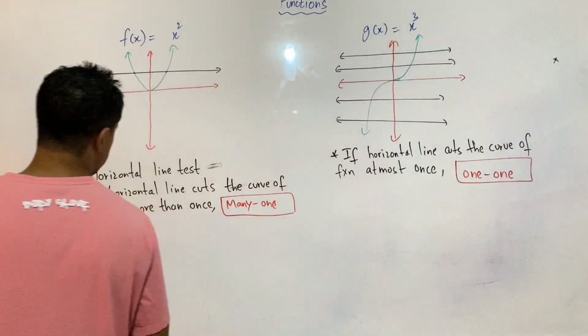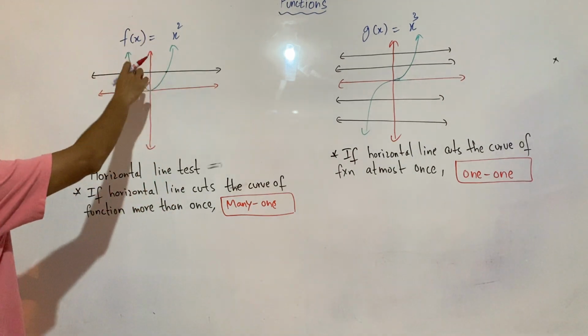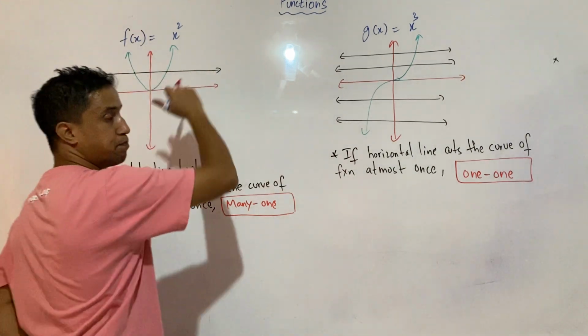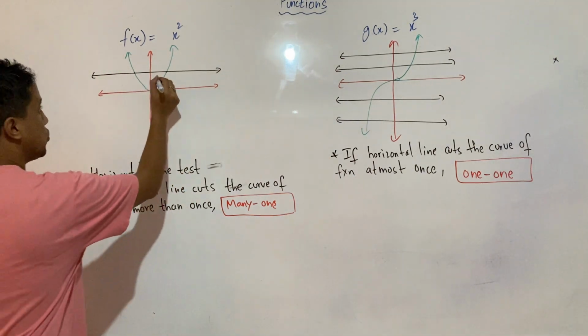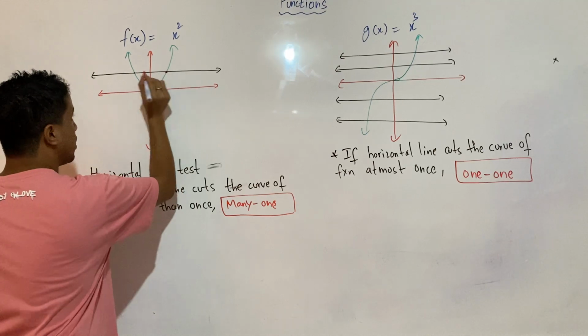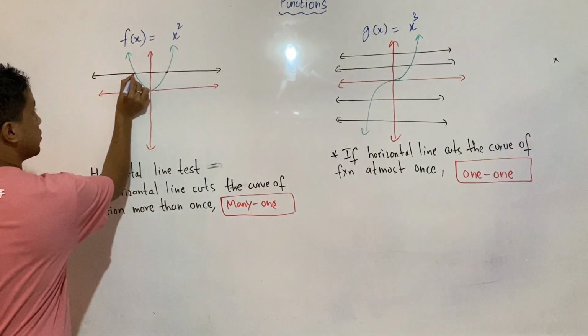Now see here, why is it so? If you look at this curve, when we drew this horizontal line to this curve, you can see the horizontal line cuts the curve here and here.